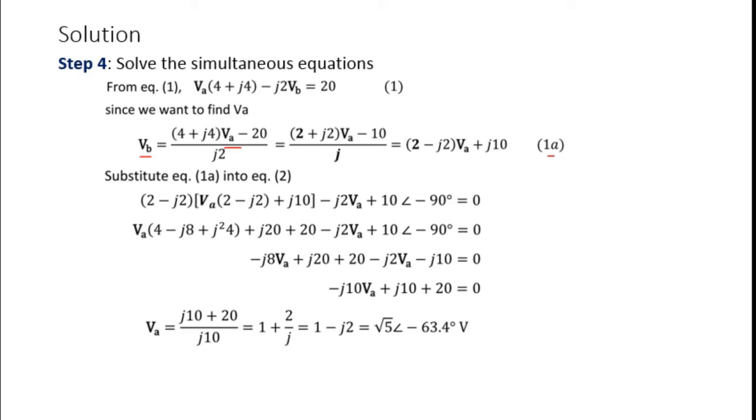Solve this complex number, and you will get the final value of 1 minus j2 in rectangular form. Always remember you have to change it to the polar form if you want to obtain the steady state value in the time domain. So you will get the magnitude of square root 5 and the angle of minus 63.4 degrees volt.